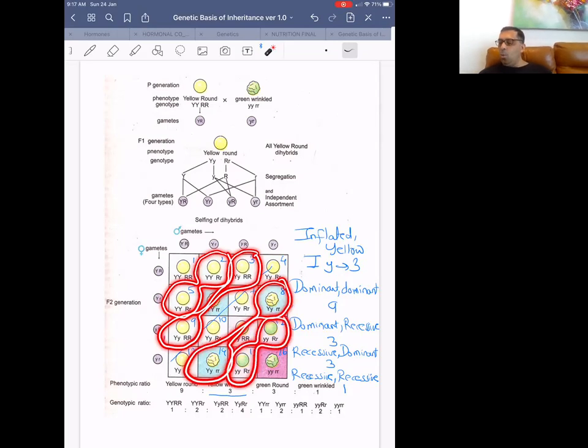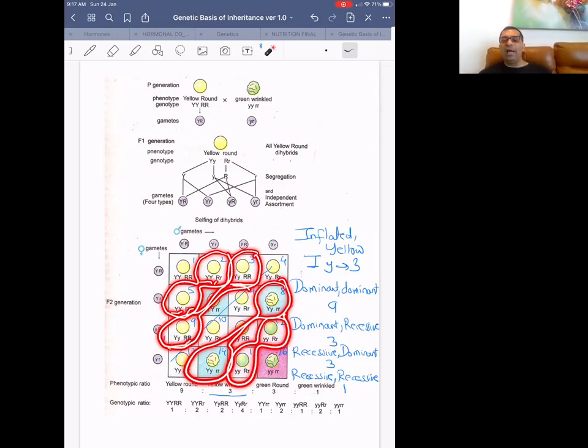Check it here. Y is homozygous, but R is heterozygous. Single homozygous, single heterozygous. 2 and 5 में. फिर 3 और 9 में.